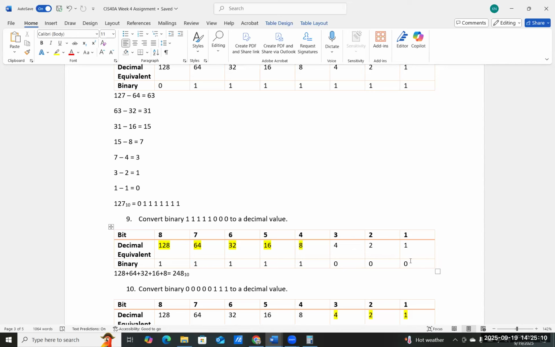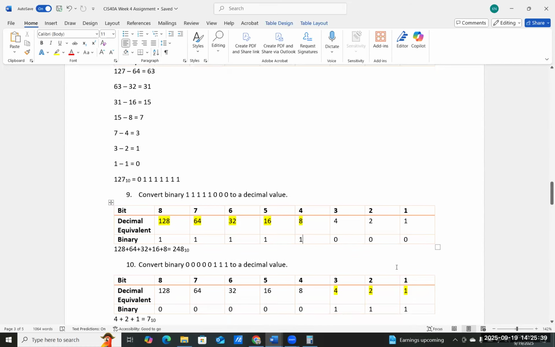Because these bits are on. As you look, the 4th, 5th, 6th, 7th, and 8th bits are on. So we're going to take the equivalence values in that scale for the on bits, and add them together. I can start with the 8th bit, or I can start in the front. That's up to you. In my demonstration here, I take the 128, that's the bit that's on, the 8th bit.